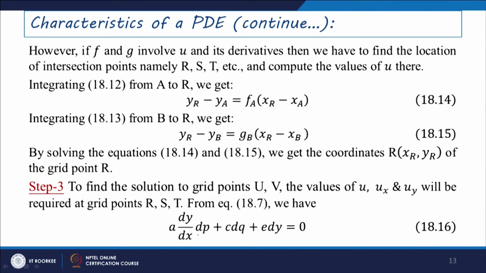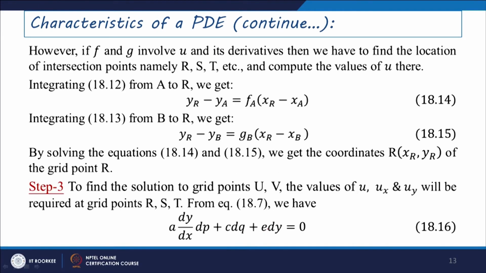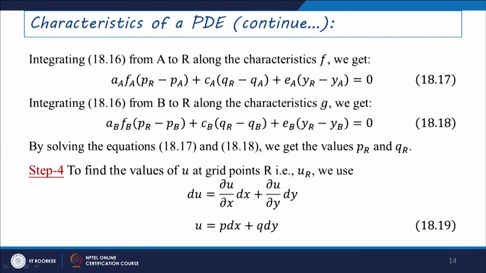Then c dq means the q range is varying from R to A itself. So, ca into qr minus qa plus E, which is defined at the point A itself. So, ea plus dy is the range, yr minus ya, this equals 0.